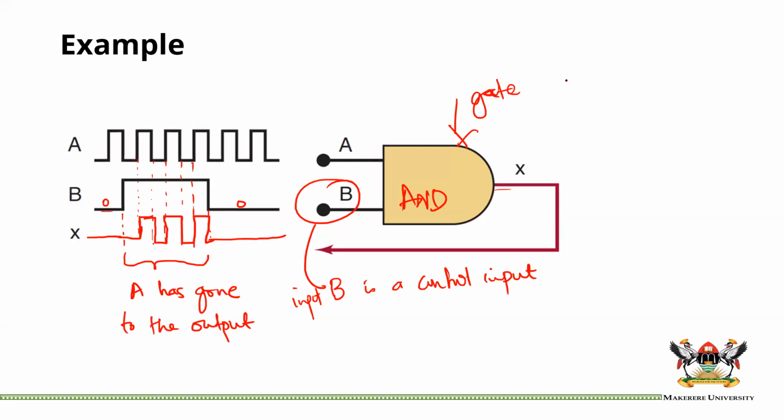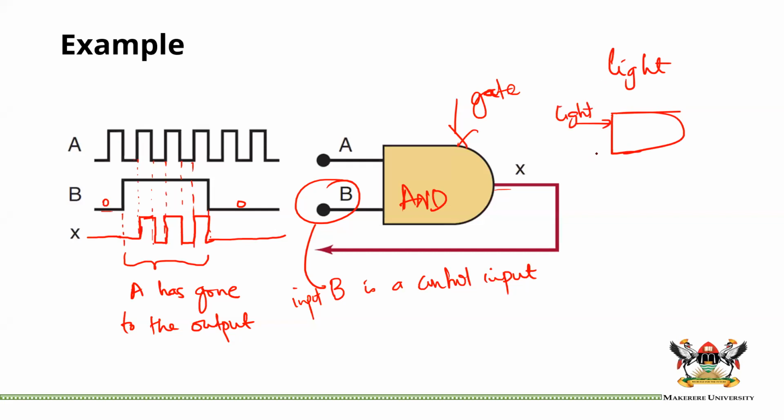Let me just find a scenario. It could be any scenario. I'm trying to find something that is clear in real life, but it could be like light. Imagine that I have my AND gate here, and I have a light signal.